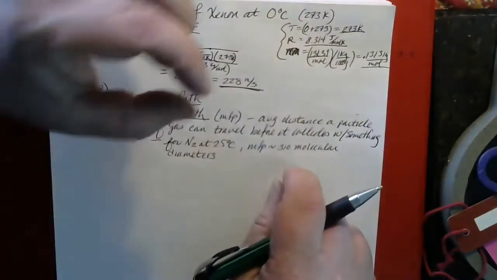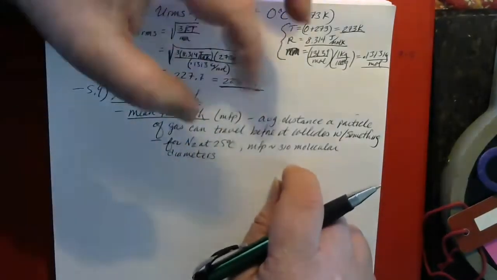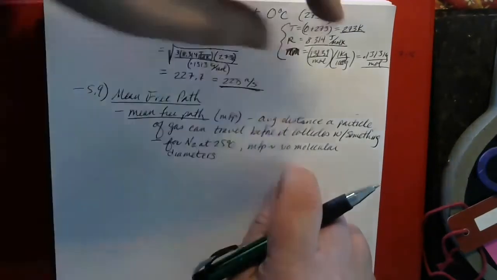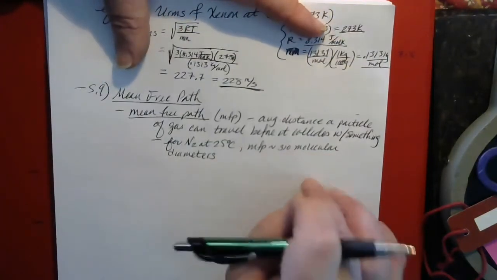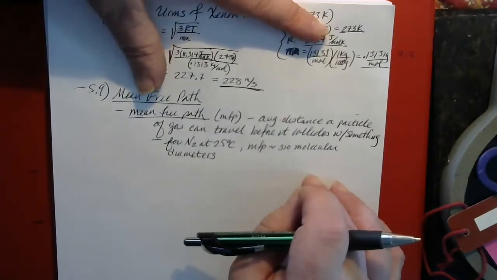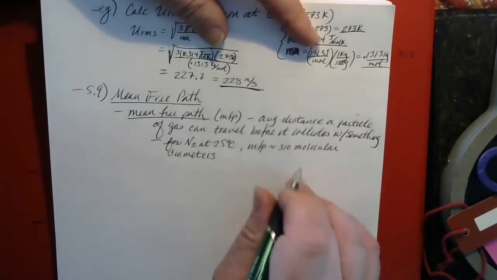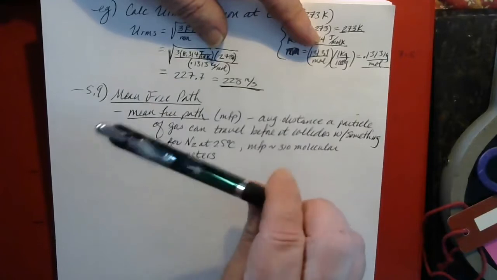So a nitrogen molecule can travel about 300 times its own size before it hits something else, which is pretty far actually, considering how fast they're moving and how many gas particles there are, to be far enough apart that they can travel 300 times their own size without hitting anything is pretty impressive. That would be like basically a golf ball traveling 40 feet before hitting anything else.